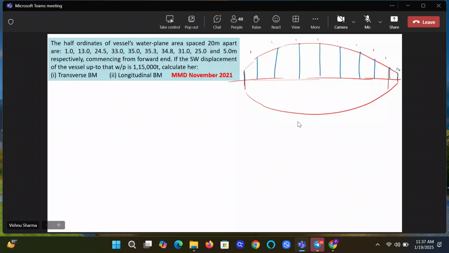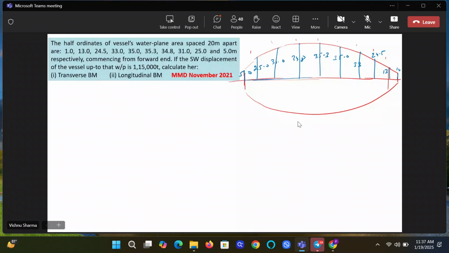So the half ordinates are 1, 13, 24.5, 33, 35, 35.3, 34.8, 31.0, 25, and 5.